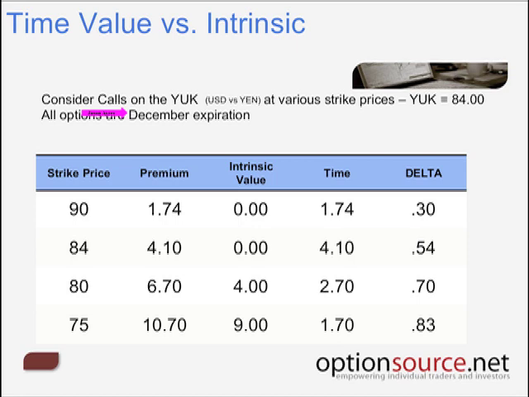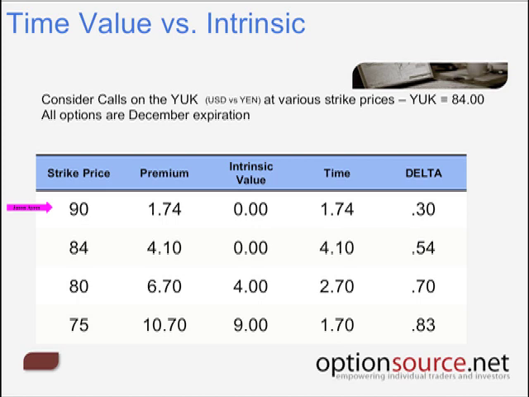And one thing we always have to remember is that when we give ourselves time, we're going to have to pay for that particular time. So the more time we want to give ourselves, the more it's in fact going to cost us.